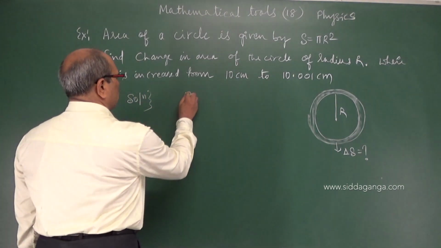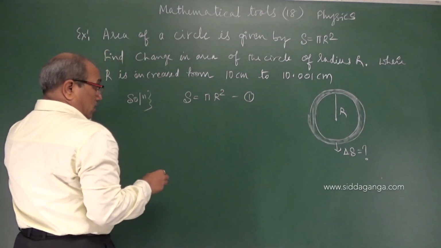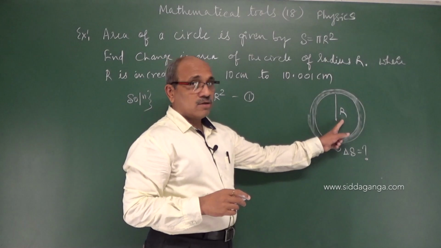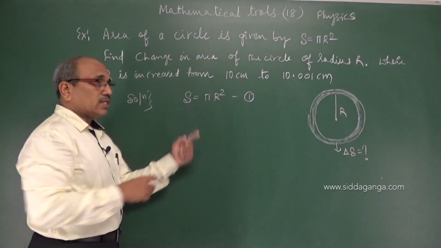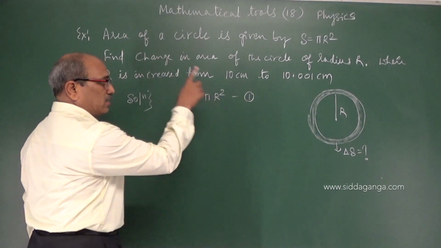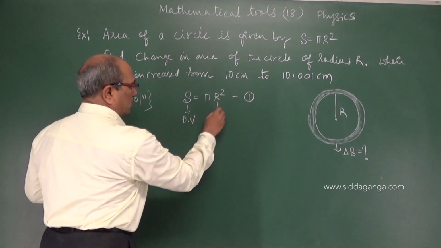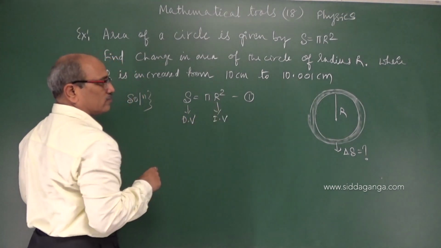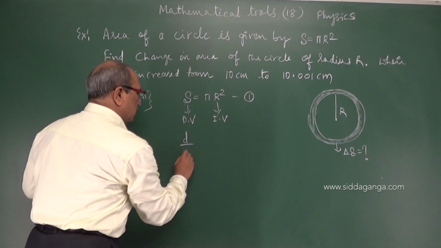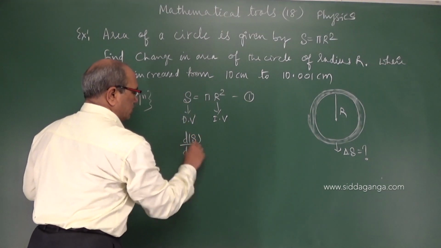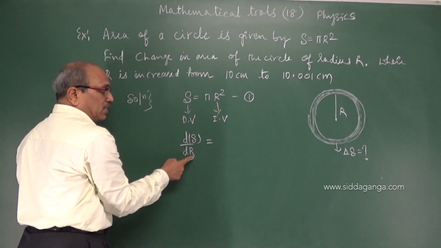Now you know S is equal to pi r square is given to you. What is changing here is r. When we change r, what is changing is S. S is the dependent variable, r is the independent variable. Now you want the change in area, meaning d by dr of S, like dy by dx, where y is the dependent variable and x is the independent variable.